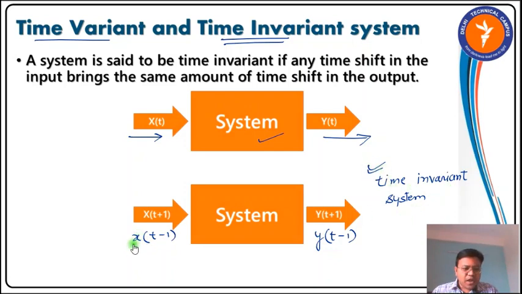If a certain delay, say x of t minus 2, is applied here, and it is not reflected in the output, say in the output we have y of t minus 1, then we will say the system is a time variant system. Time variant systems are not synthesizable. Let us have a detail over it.